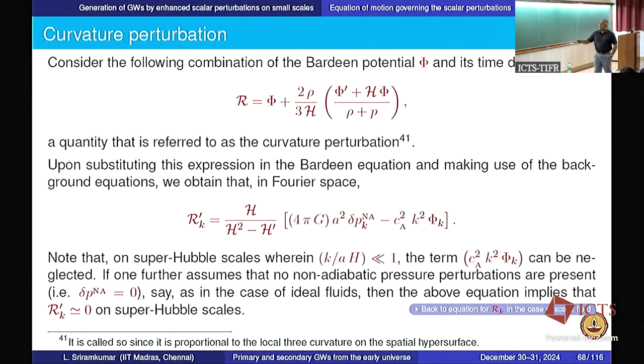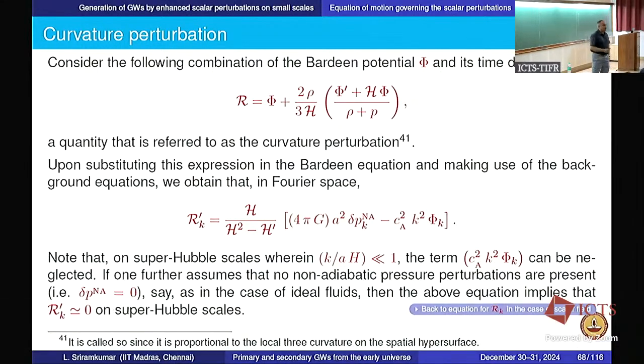Evidently, as I mentioned, it's a linear combination of phi and phi prime. You take a time derivative, and you will have second time derivatives of the Bardeen potential, and you study in Fourier space. Remember, since we are working at the linear order in the perturbations, all the modes evolve independently, and you can arrive at this first order equation governing the evolution of this curvature perturbation.